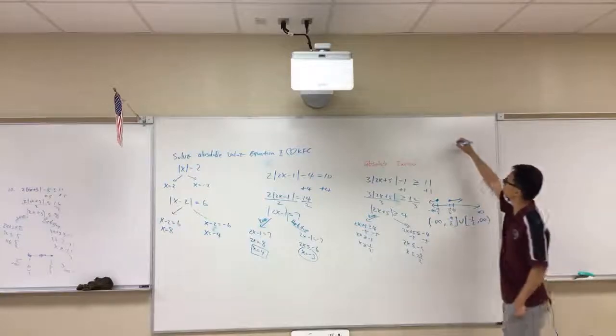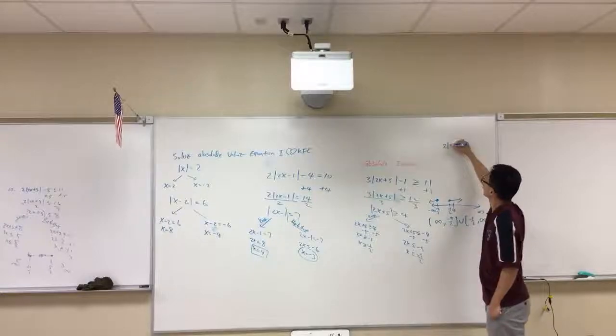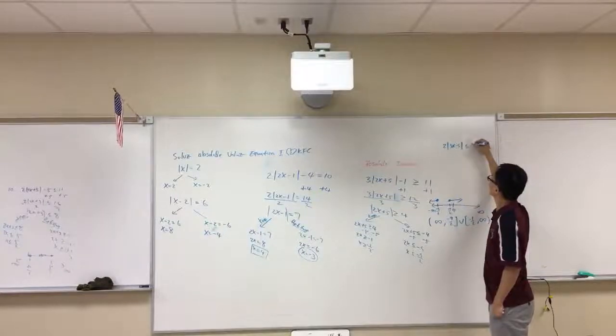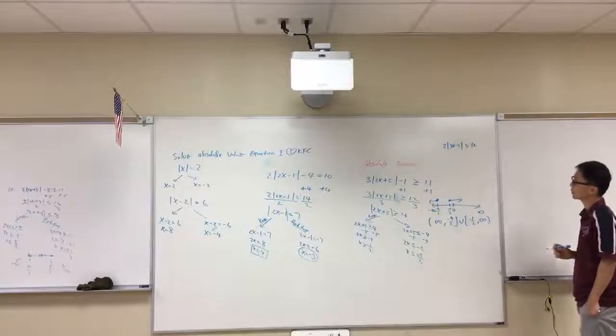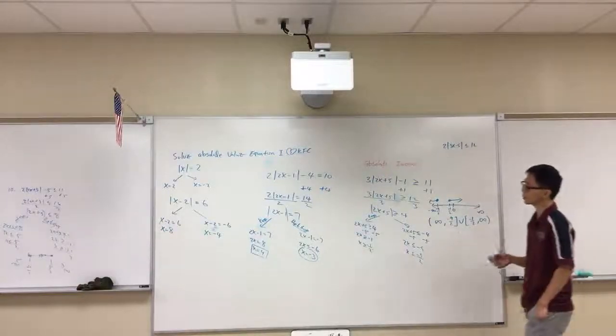And you can try this question. I'll give you one that's easy. So it'll be 2 times the absolute value of 3x minus 5 is less than, I don't know, 12. And I want you to figure out the solution. And I want you to graph it and write the interval notation as well.